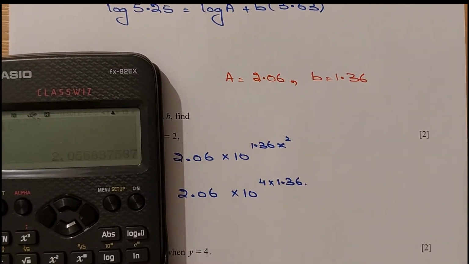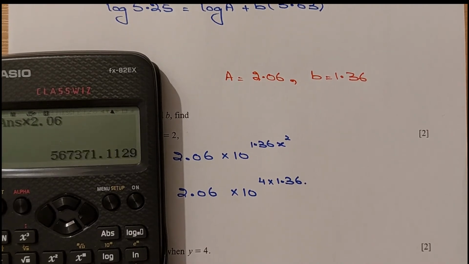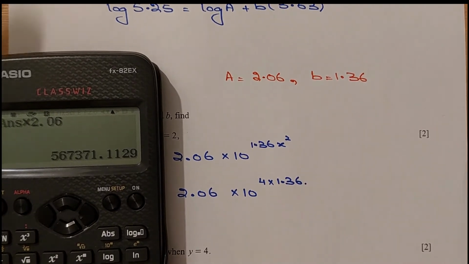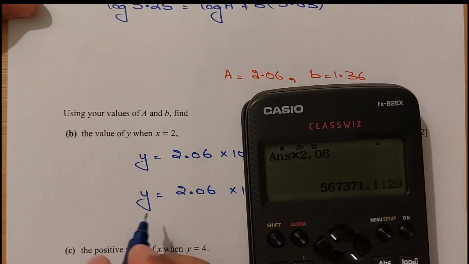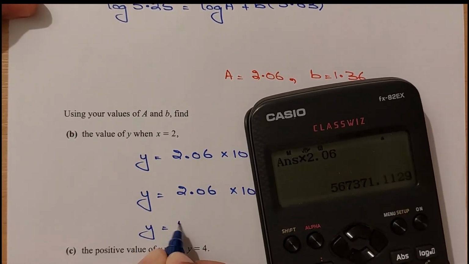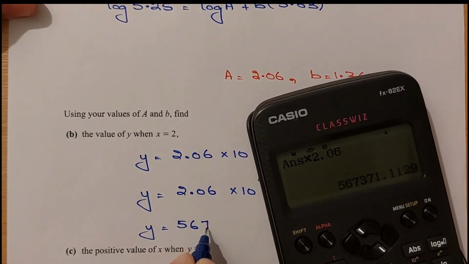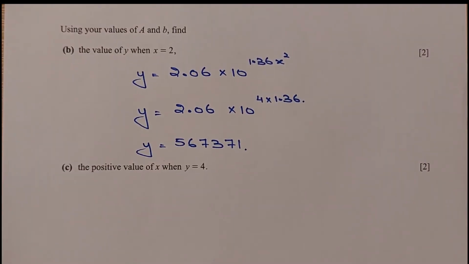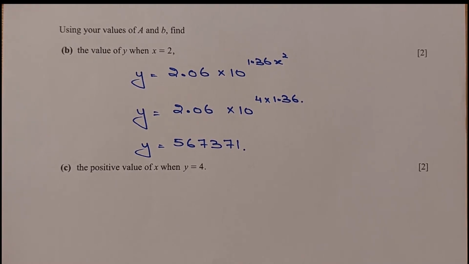So let me simplify: 4 times 1.36, 10 exponent the answer, and then multiply by 2.06. That is the value for y, that is 567.371.